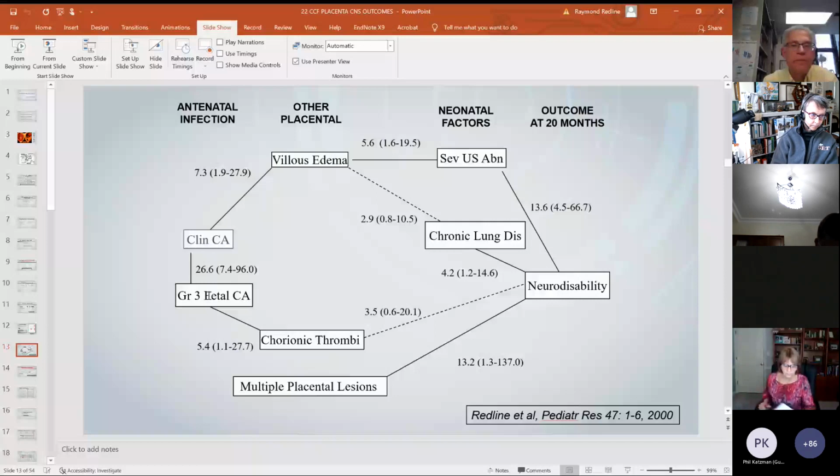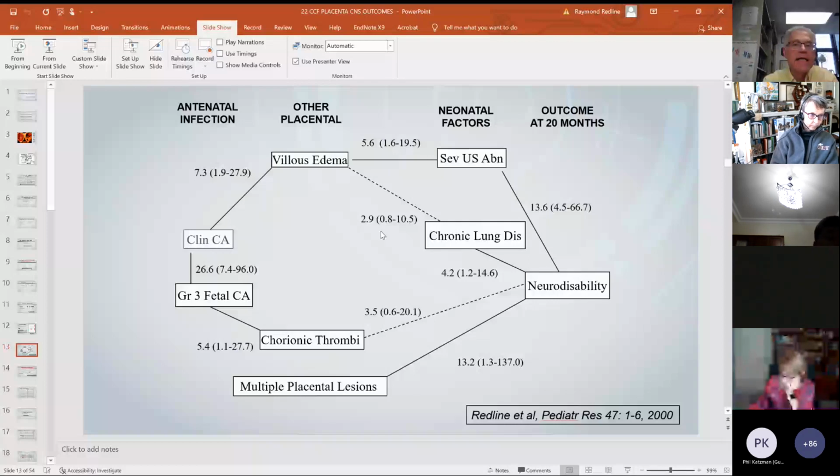Histologic chorioamnionitis is much more sensitive in detecting chorioamnionitis than a clinical diagnosis. The clinical diagnosis usually reflects some cytokines in the mother, and so it's actually associated with villus edema in the placenta. And villus edema is a predictor of severe ultrasound abnormalities like intraventricular hemorrhage and white matter damage, and also a borderline significant predictor of chronic lung disease.